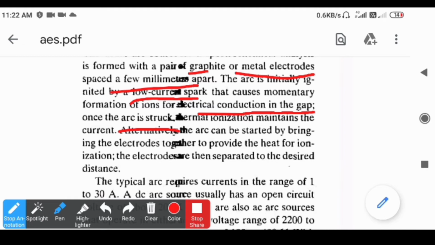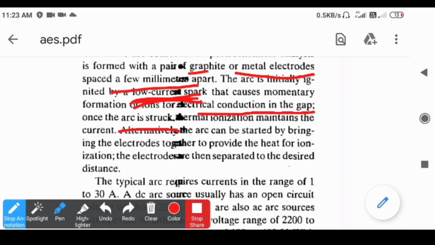Once we apply the low current spark, that causes an electrical discharge between the ions, the arc is generated, and once the arc is generated, due to thermal ionization the current is maintained. So this whole process is started by using a low current spark.